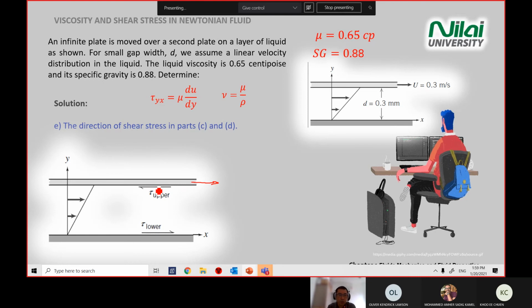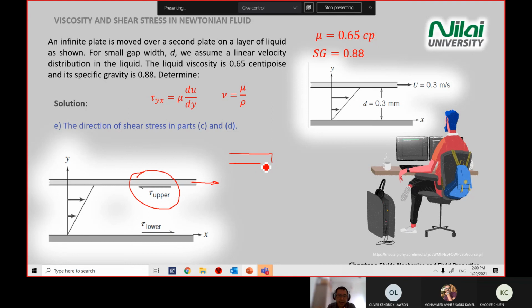To resist the movement, there's a shear component to the left, and this one you label as shear upper. And to counter the upper, the direction of the shear lower will go to the right. Why is this one to the left? Because it reacts to the direction of the upper plate here that moves to the right.